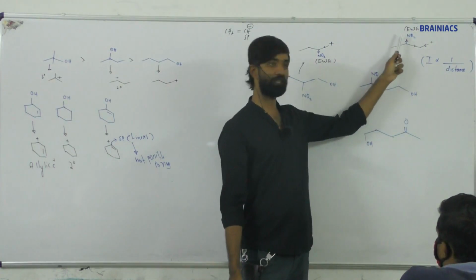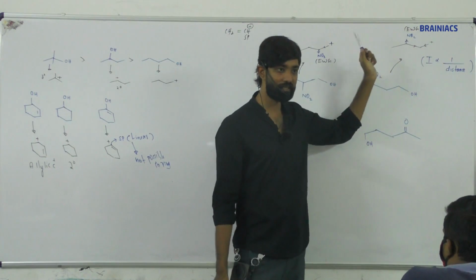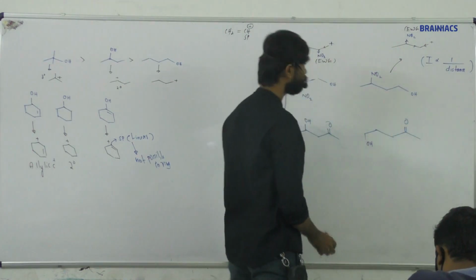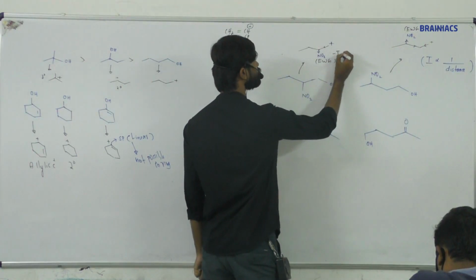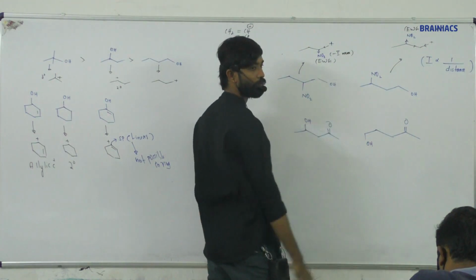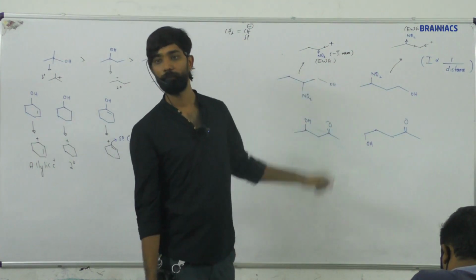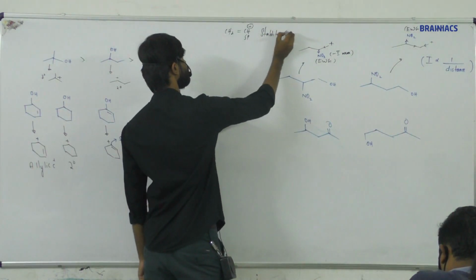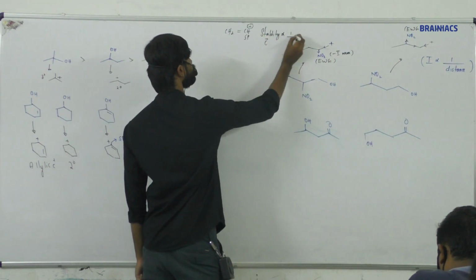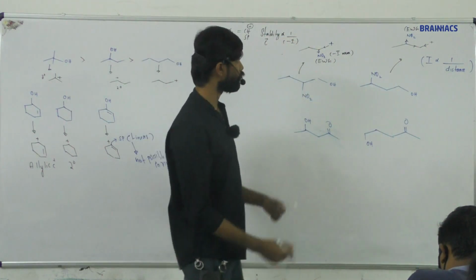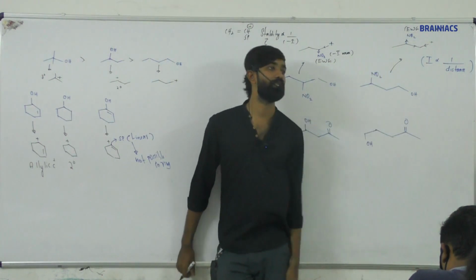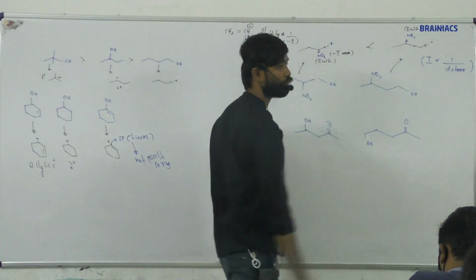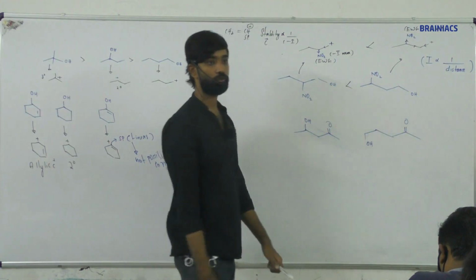In the second one the distance increases, so the minus I is minimum. In the first, the group is close, so minus I is maximum, which means the stability is minimum. The stability of the carbocation is inversely proportional to the minus I effect. The structure with greater minus I effect has lesser stability, so the stability of the carbocation follows this order, and therefore the order of dehydration is also this order.